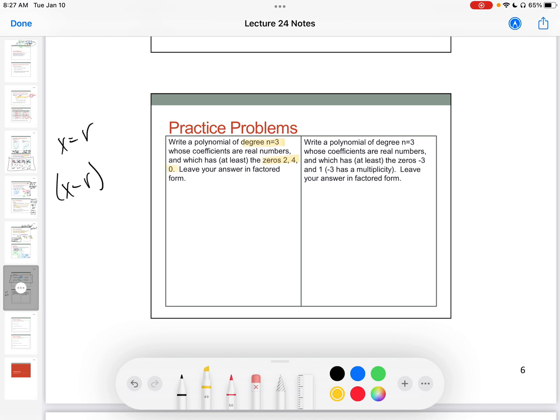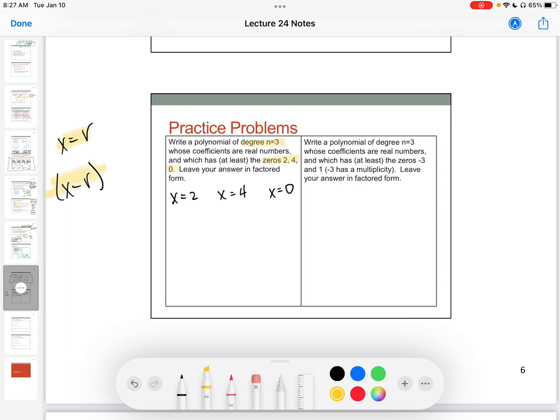So when I solve this, I get x equals 2, x equals 4, and x equals 0. So there's all my x's.